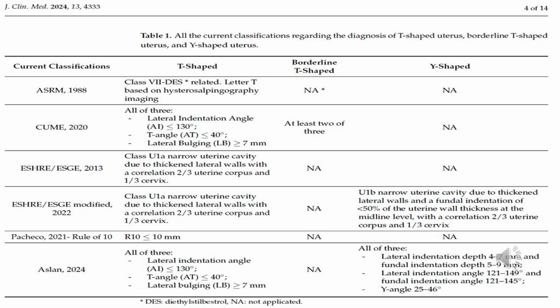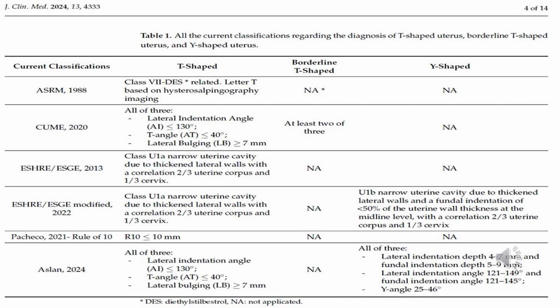The first classification to include this was ASRM in 1988, which was based on hysterosalpingography and the appearance of the cavity in the form of the letter T, and classified this as class VIII abnormality. Then came the ESHRE/ESGE in 2013, which classified this as U1A. Both the ASRM and ESHRE/ESGE did not include any measurement and were based on visual appearance only.